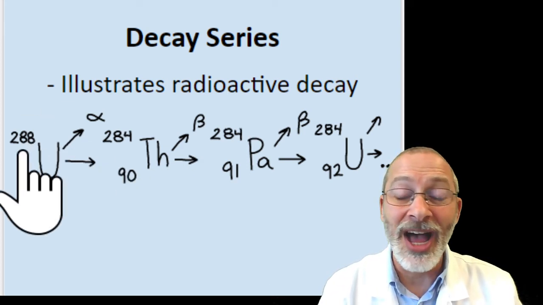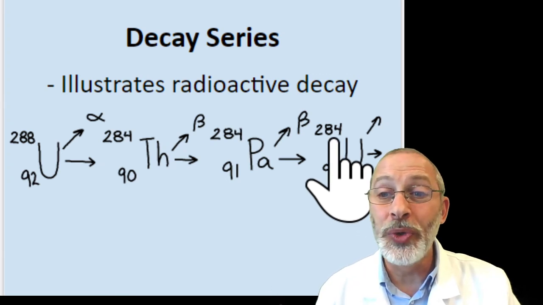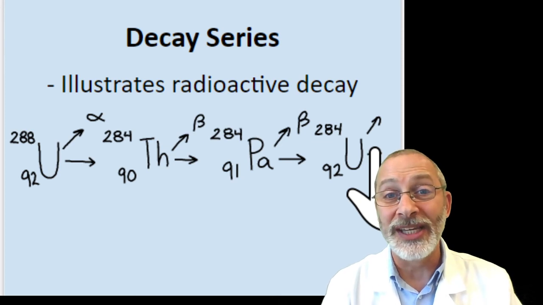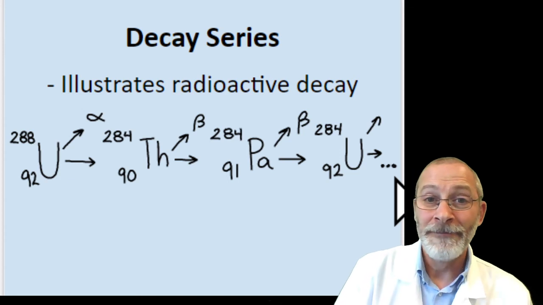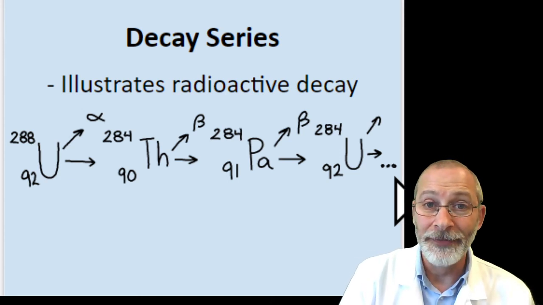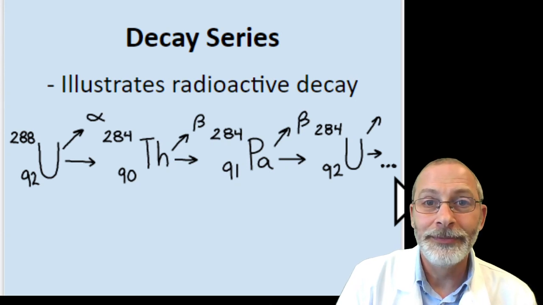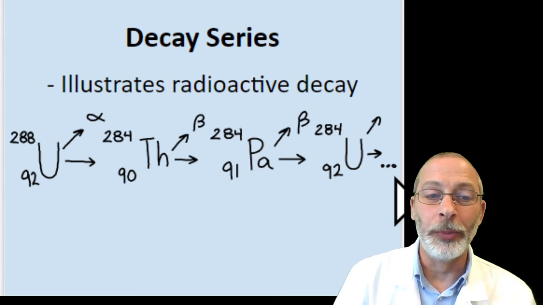It's a different kind of uranium that we call uranium-284 that continues to undergo decay and so on until eventually it forms lead. If we have time, we'll explore that a little bit further.